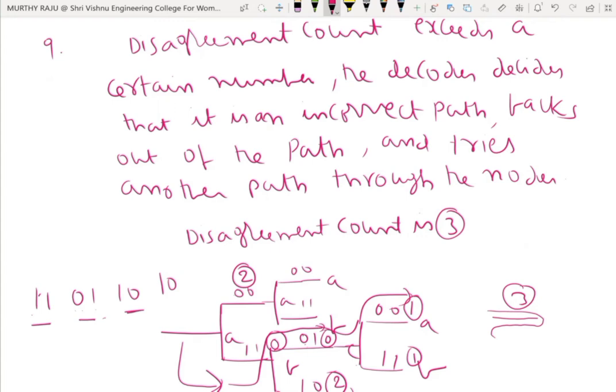We will get the best path, the maximum likelihood path. Later I will explain with an example and apply these 9 steps. We will see how to decode the original encoded information.